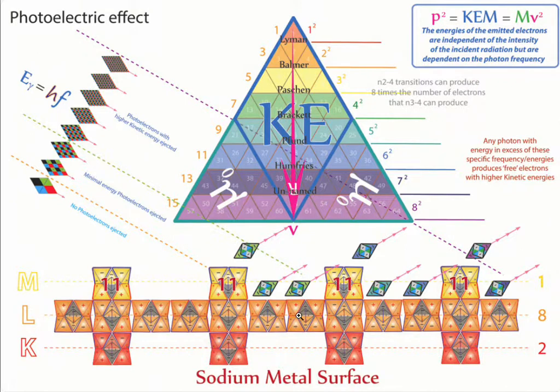We can apply this to all the elements. In this case, we've done it to sodium, and not only can we show the preferred energy levels where they excite electrons from bound positions to their free positions or anything above energy level 3, we can also show how many electrons will be emitted for specific frequencies of light based on their quantum energy levels.